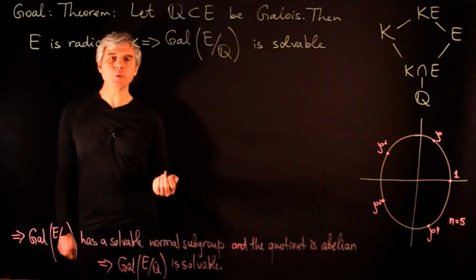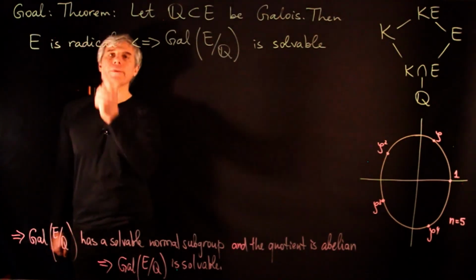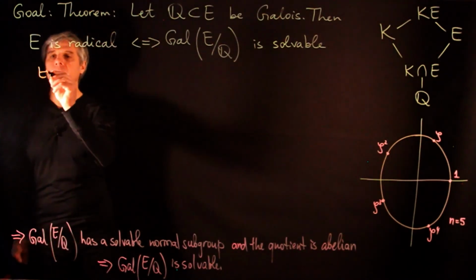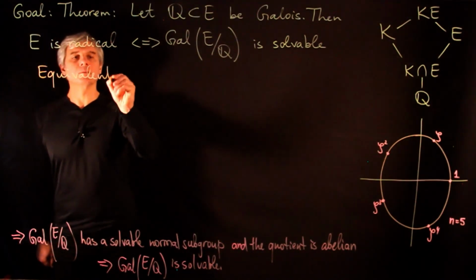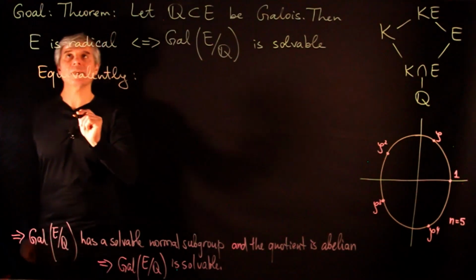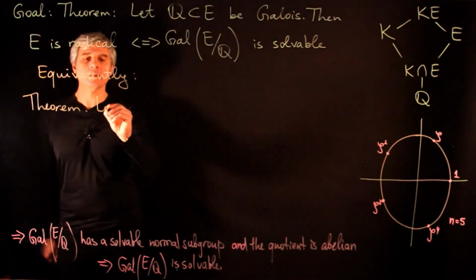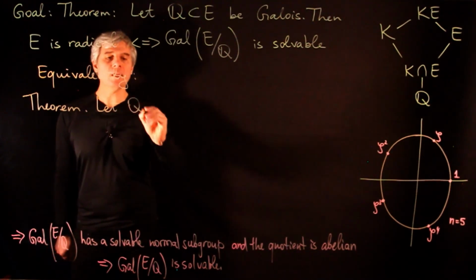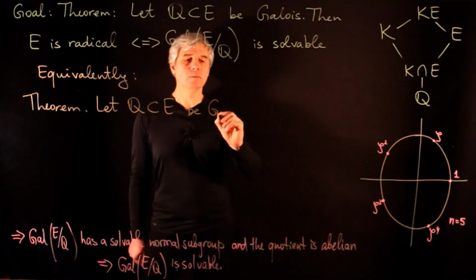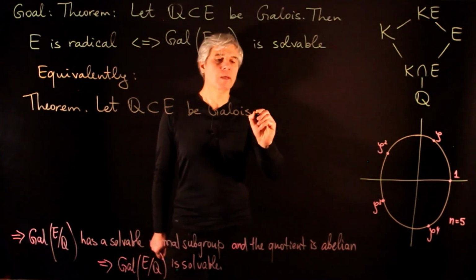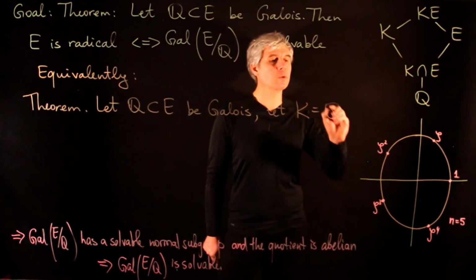Now, with what we have proved, we can see that we can restate our goal theorem in the following way. So, equivalently, we can say that let E be Galois and let K be a cyclotomic field.